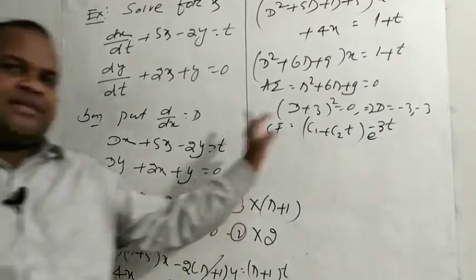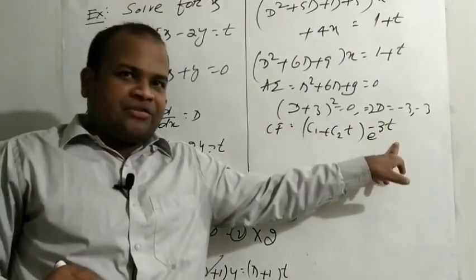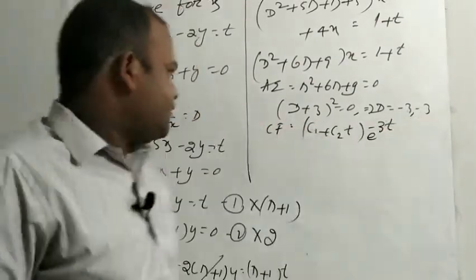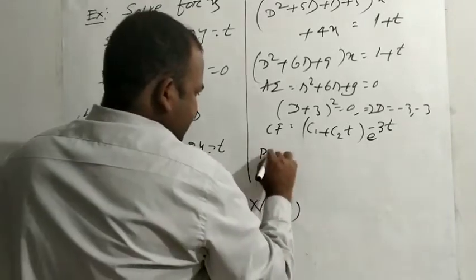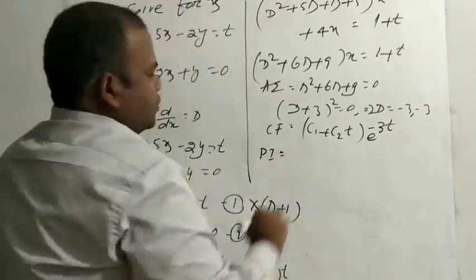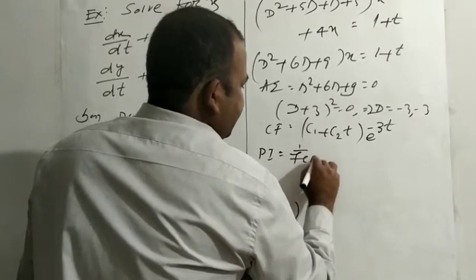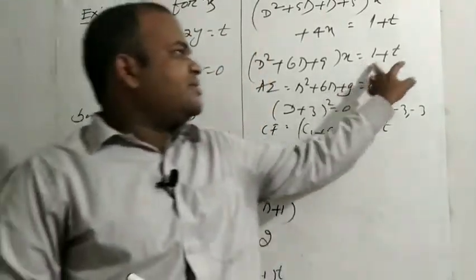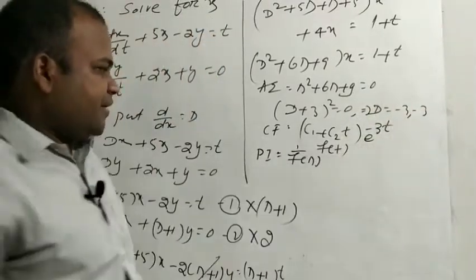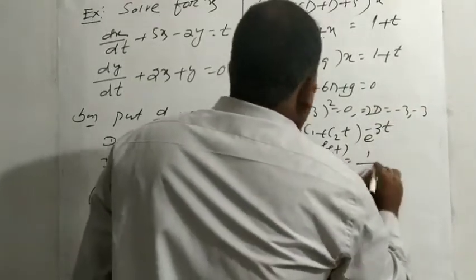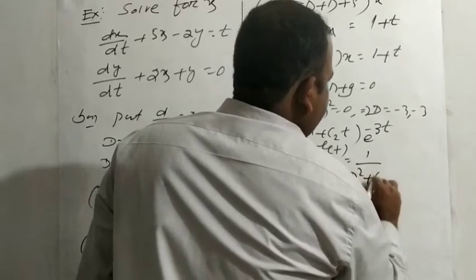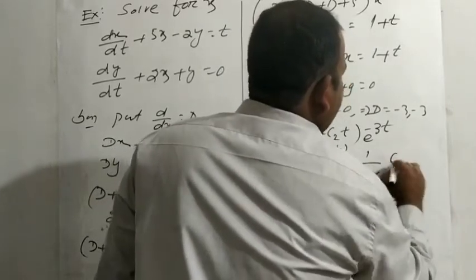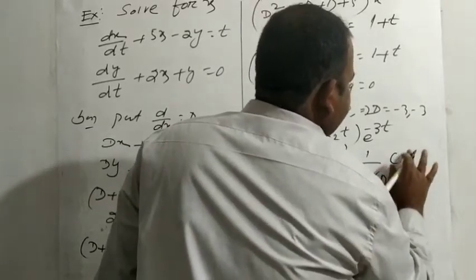That is (C1 plus C2 x) e raised to m1 x, where here m1 equals minus 3. And what is the PI? PI equals 1 upon f(D) into f(t). Here the function is t, so you will take f(t). So this is 1 upon D squared plus 6D plus 9 into (1 plus t).